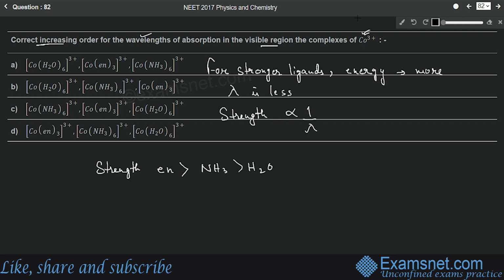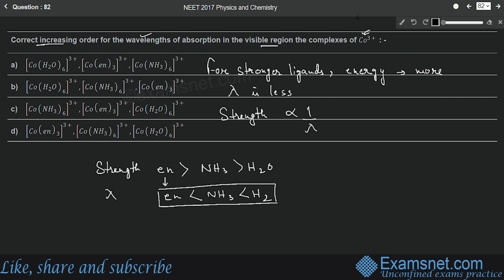So what will happen to the wavelength? The wavelength will be minimum for en because it is the strongest one. So en, then ammonia, and then water.